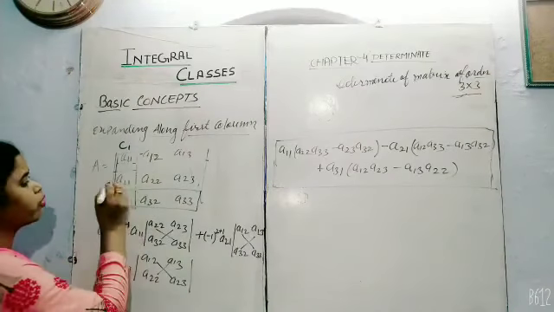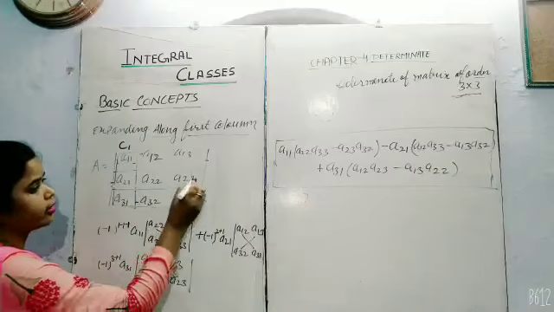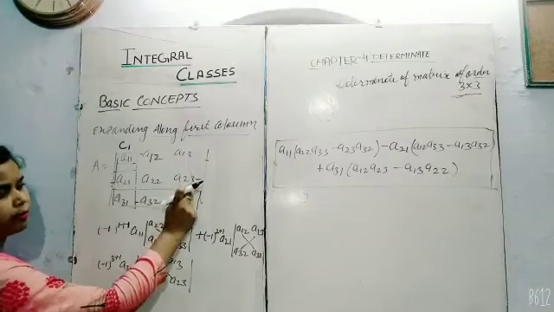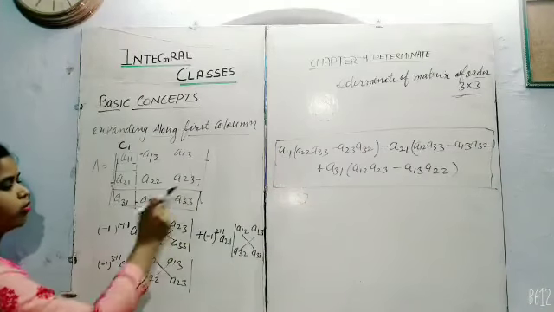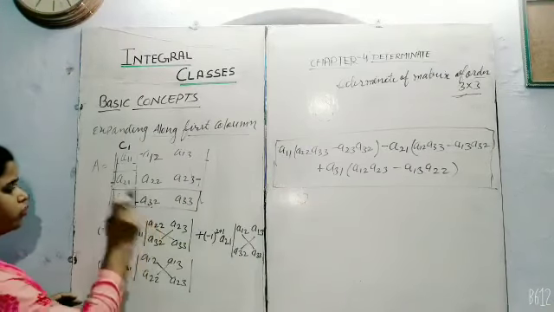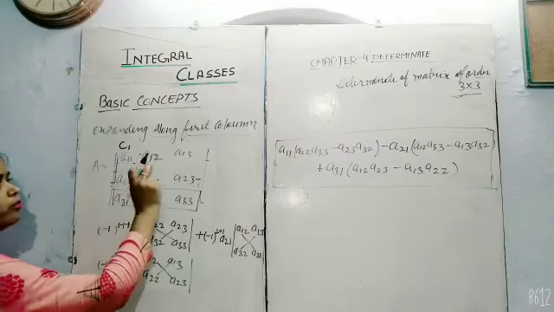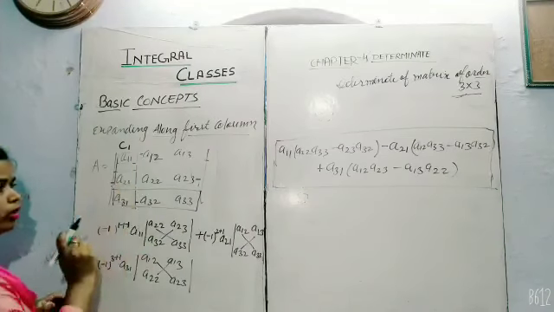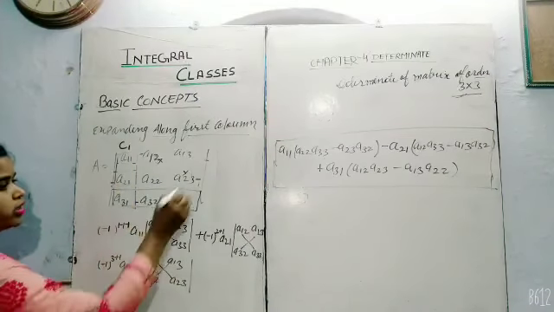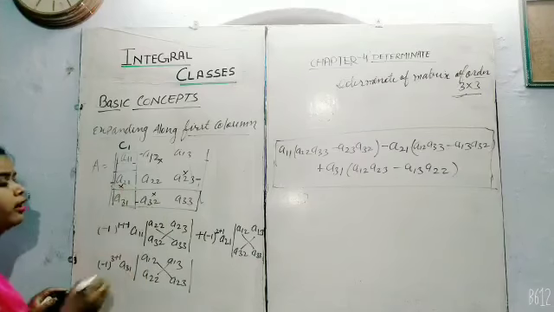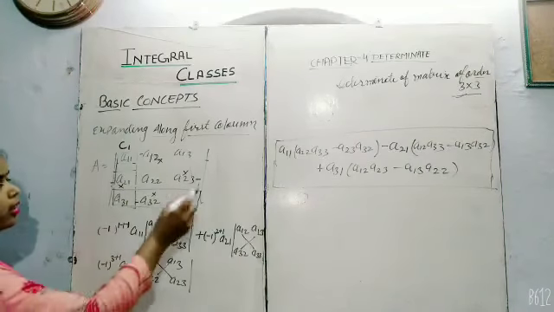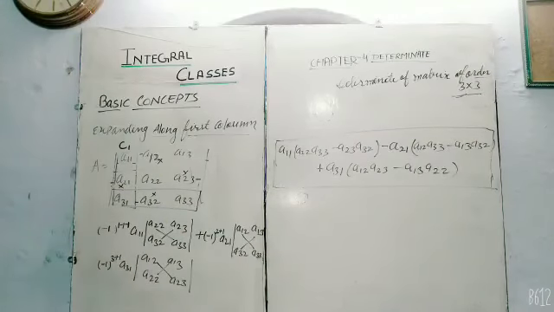Here, these four positions are negative because 2 plus 3 is 5, an odd number; 3 plus 2 is 5, odd; 2 plus 1 is odd; 1 plus 2 is odd. So these four positions we consider with a negative sign, and all the rest are positive.